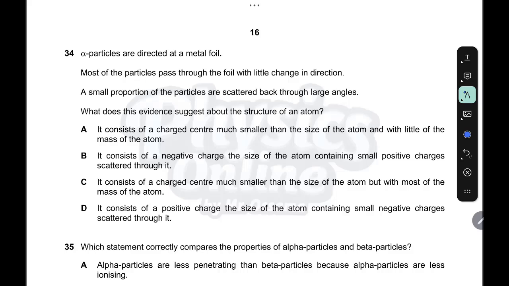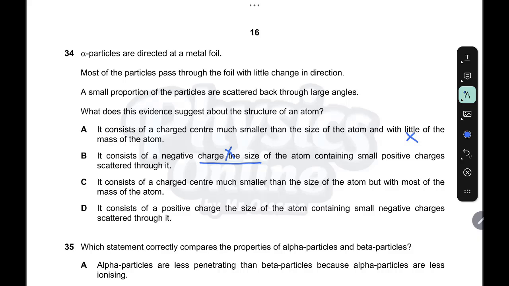A. It consists of a charged center much smaller than the size of the atom. This is correct. And with little of the mass of the atom. This is wrong, because most of the mass is in the nucleus. It consists of a negatively charged center the size of the atom. This is wrong. Containing a small positive charge scattered through it. Also wrong.